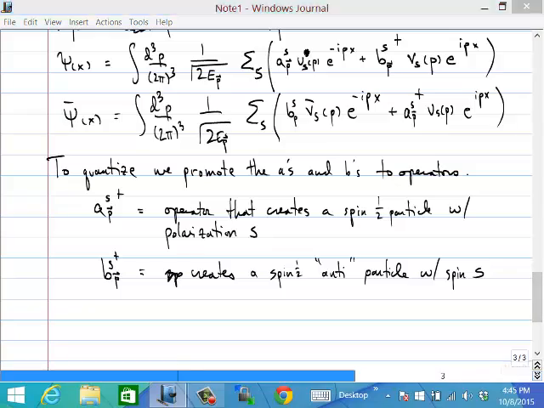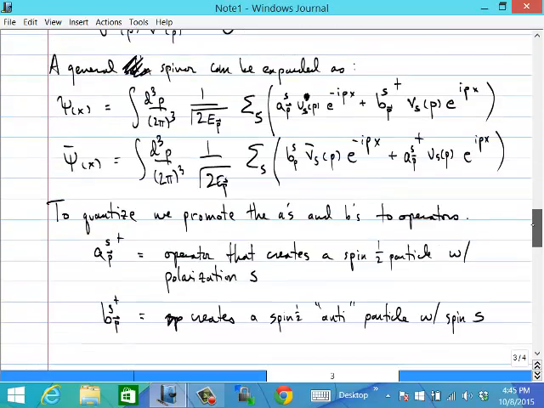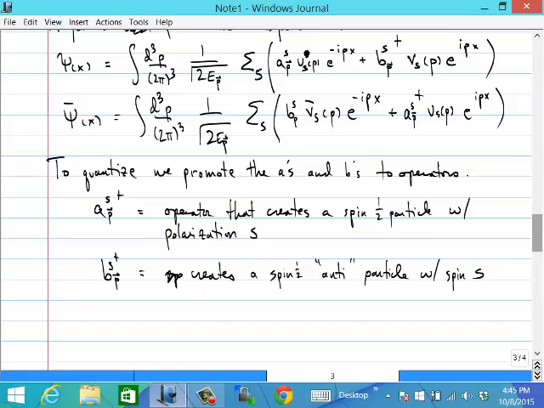And so what I want to do now is give you a brief discussion of the relationship between spin and statistics. Okay. So if I can spell it, the subtlety is that these particles should be fermions rather than bosons.